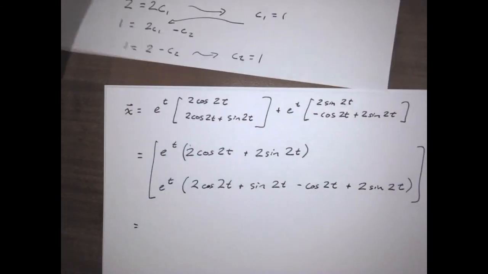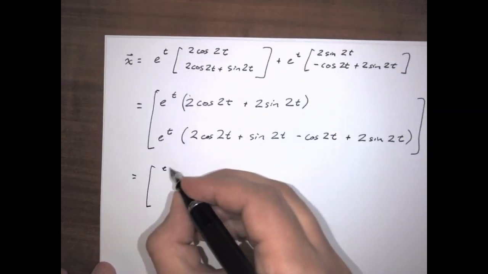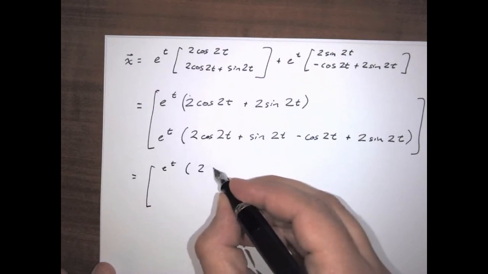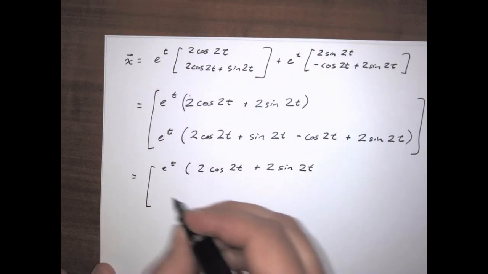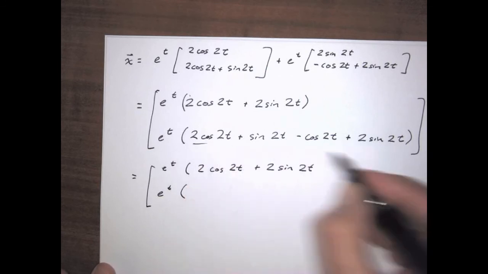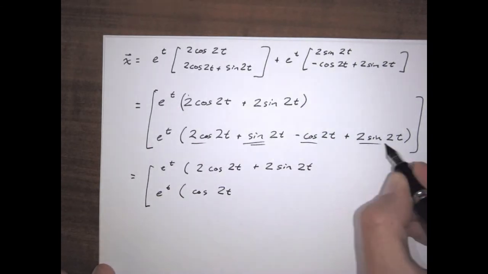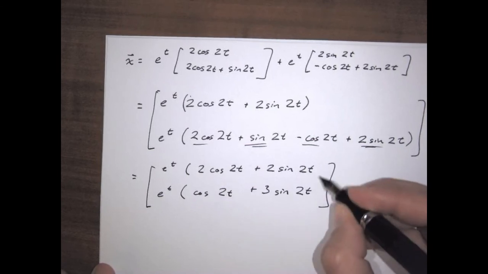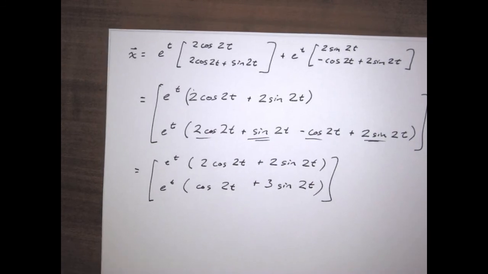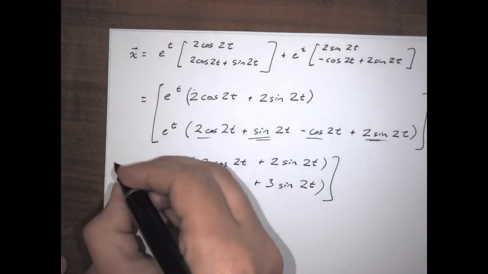And that's going to then lead me to the conclusion that x is equal to e to the t (2 cosine 2t plus 2 sine 2t), e to the t, and then down here that combines with that, so it's just going to make cosine 2t, and then here and here we're going to have plus 3 sine 2t. So those will be the x1 and x2.